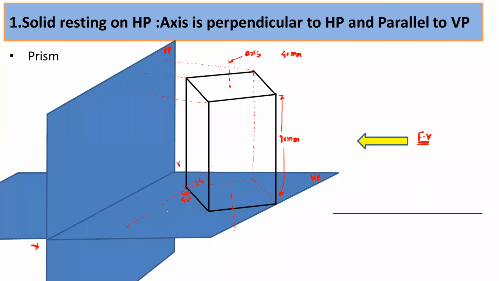So for the base, that is the bottom base, its projector will intersect the XY line. So suppose this is ABCD.